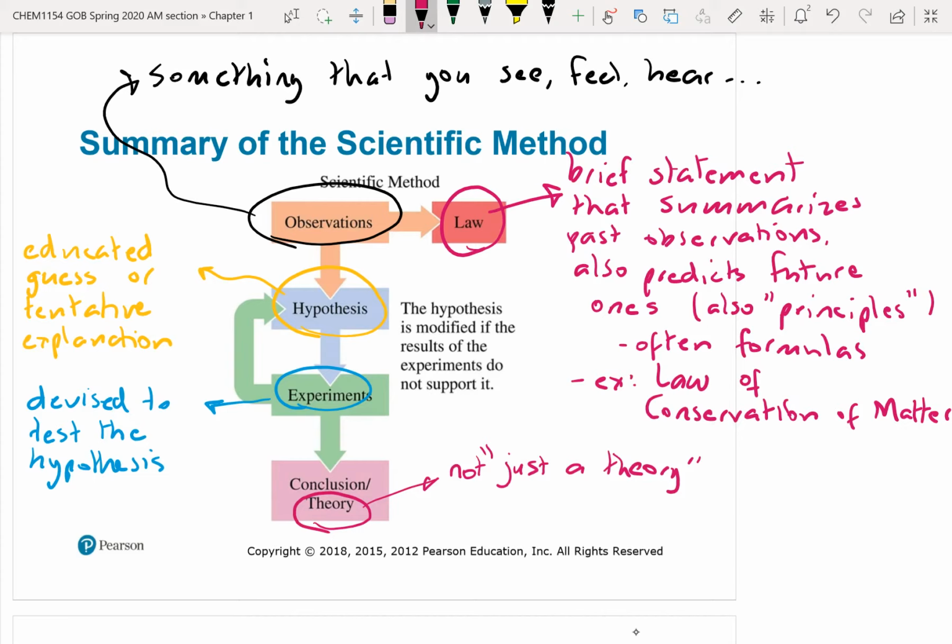As that cycle goes over and over again, we gather a lot of data that we can then develop these theories for. So a theory is a model for the way nature is, and it tries to explain what nature does and why.